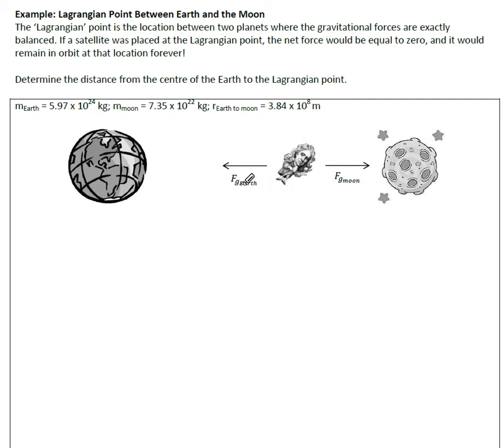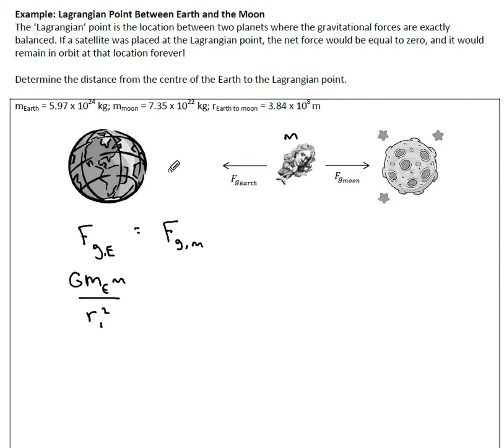So here, we're looking for when the force of gravity of the Earth equals the force of gravity of the Moon. So I'm going to say that Fg of the Earth is equal to the force of gravity of the Moon. You end up with this equation again. G m of the Earth times some m, where the little m represents the object between the Earth and Moon, over some r1 squared.